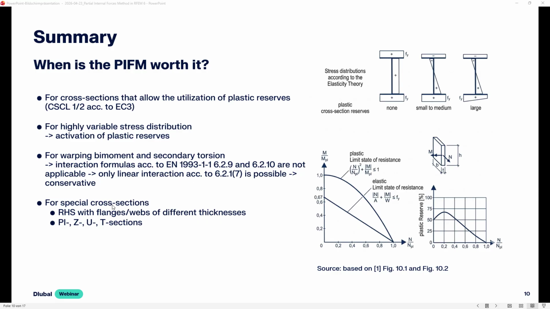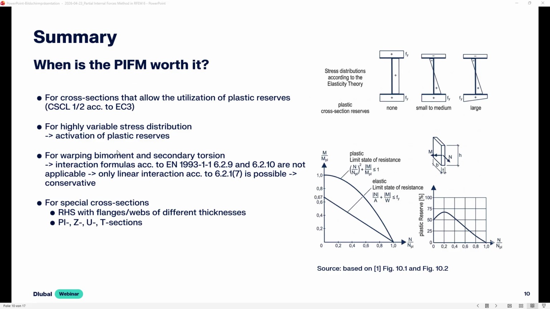And as I mentioned before, for these interaction formulas, only double T profiles and hollow sections can be used. All other sections cannot be used together with these plastic interaction formulas, which means, for example, if we have a rectangular hollow section with different thicknesses of the flanges and the webs, then we cannot use these formulas. So here also PIFM would be a good option.